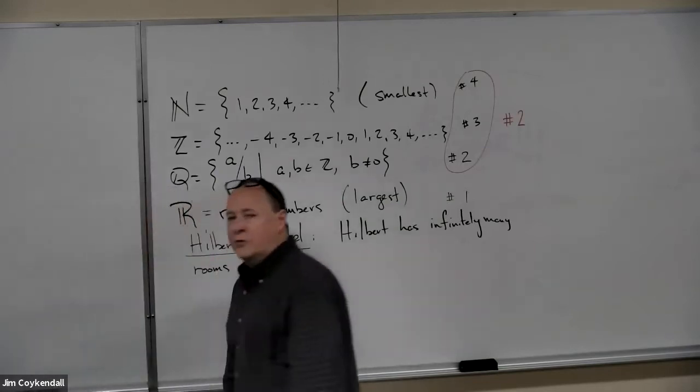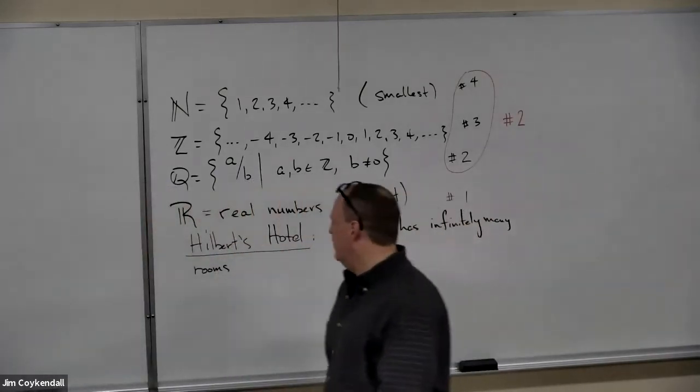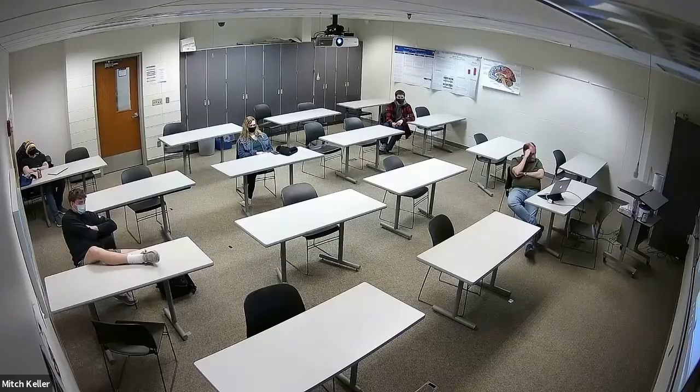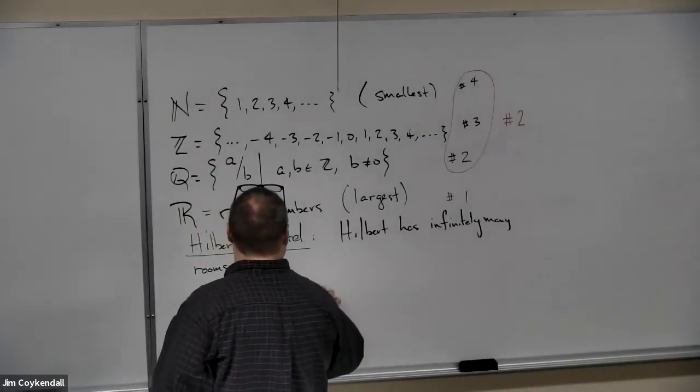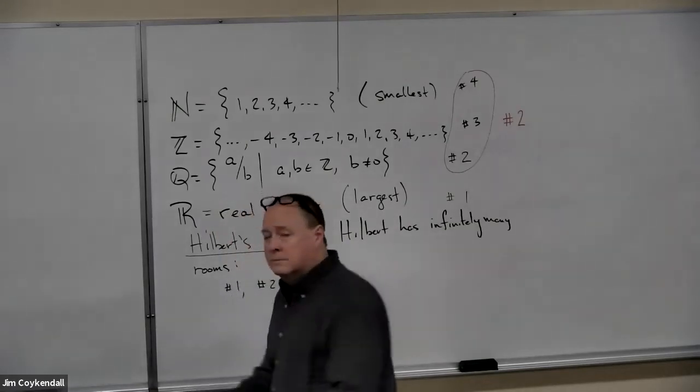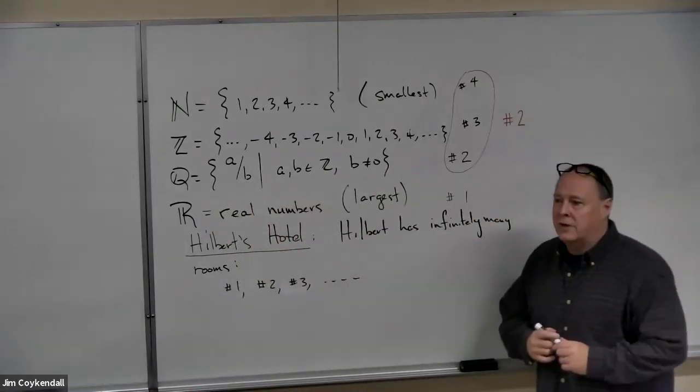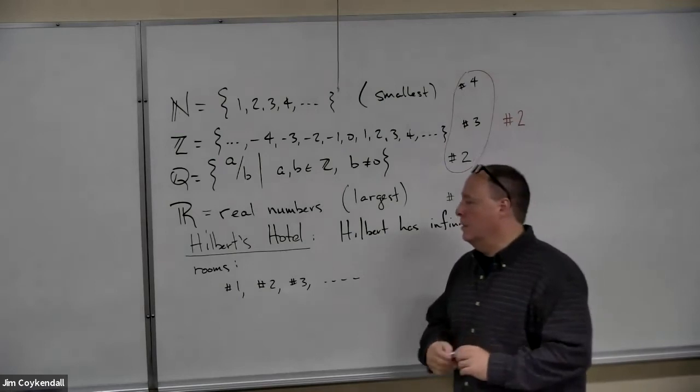And his rooms are numbered like the positive integers. He's got room number 1, he's got room number 2, room number 3, forever. So he's got a very long hall and infinitely many rooms.